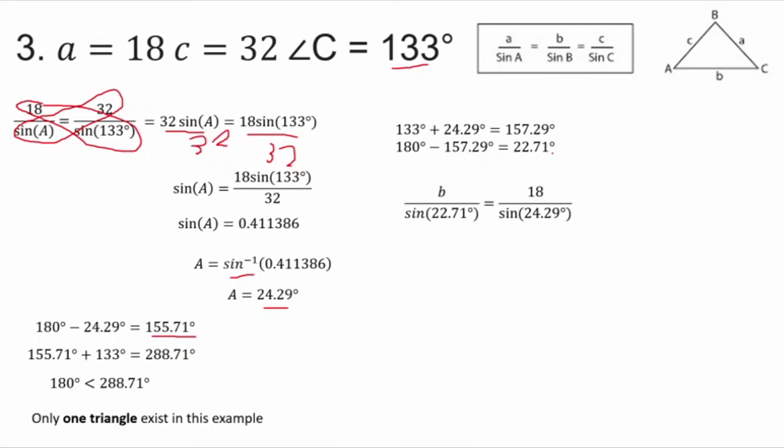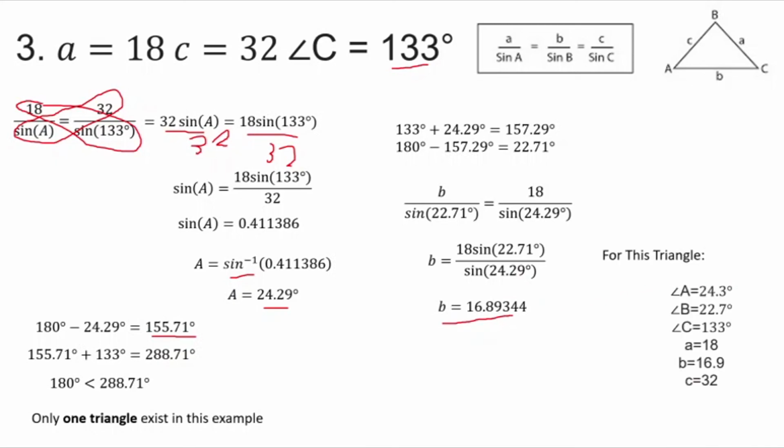We find that's the angle for B. Here we cross multiply, looking for side B, which we found to be 16.89. So for this triangle, we have angle A, which was found up here, angle B, and angle C, which was given. Time is running out, but you can see here's what we found.